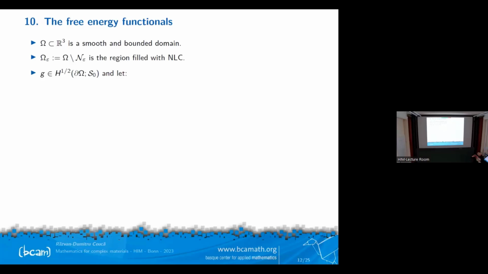Because we're not interested in what's happening next to the boundary of the container, we just impose some Dirichlet conditions. We take an H^{1/2} function and we define these spaces and work with them, because we don't care what's happening next to the container. We only care about the homogenization process next to the cubic microlattice.